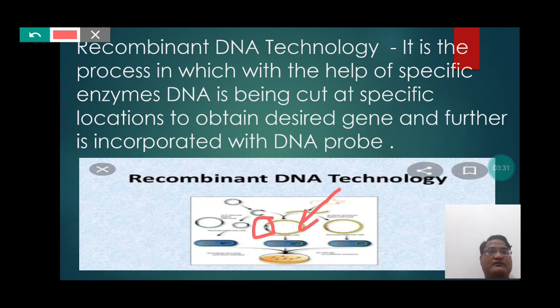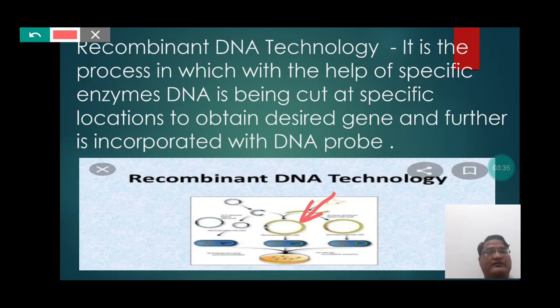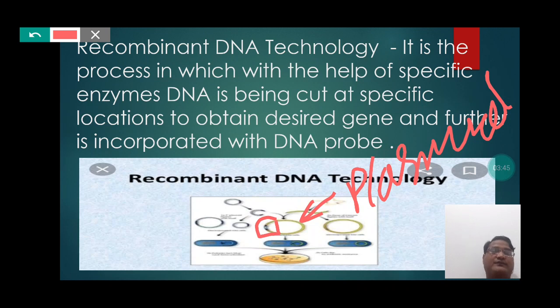So students, the circle which you can see here, that's the plasmid, that is the extra chromosomal material, and the little tiny structure which you can see here, that's the specific desired gene which has been inserted into the plasmid of the bacteria.